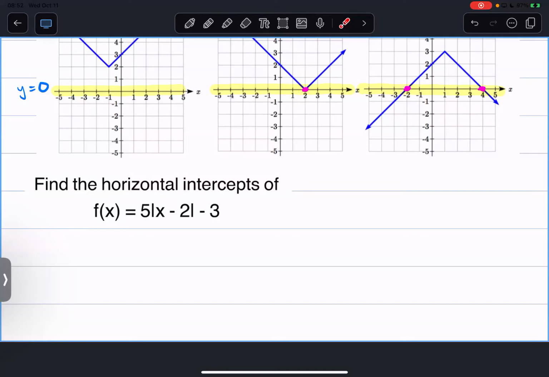I can check the transformations. I feel like it tightens it, right? And so x minus 2 shifts me over to the right by 2, and then minus 3 shifts me down by 3. I'm expecting to see 2 horizontal intercepts. What does this rely on? This relies on us knowing that I have to set this thing equal to 0 and find where it equals 0.